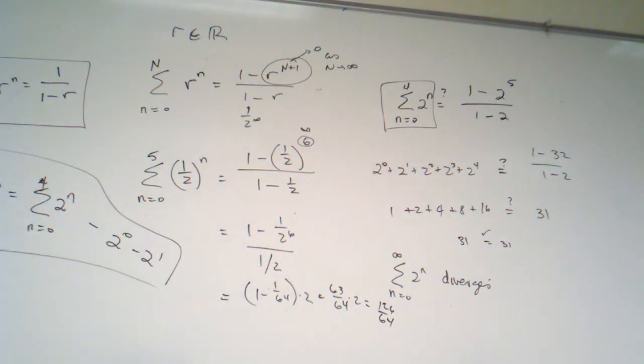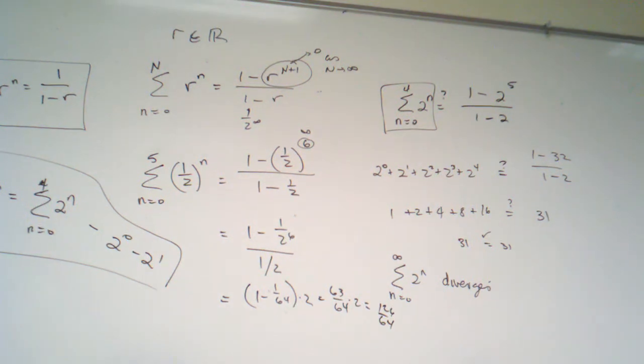So instead of starting it at 2, start it at 0 so I can use my formula and then subtract off the two terms that aren't in the one that I had over there. So there's a slick trick for when they don't start where you want them to: make them start where you want to and then subtract off the terms.